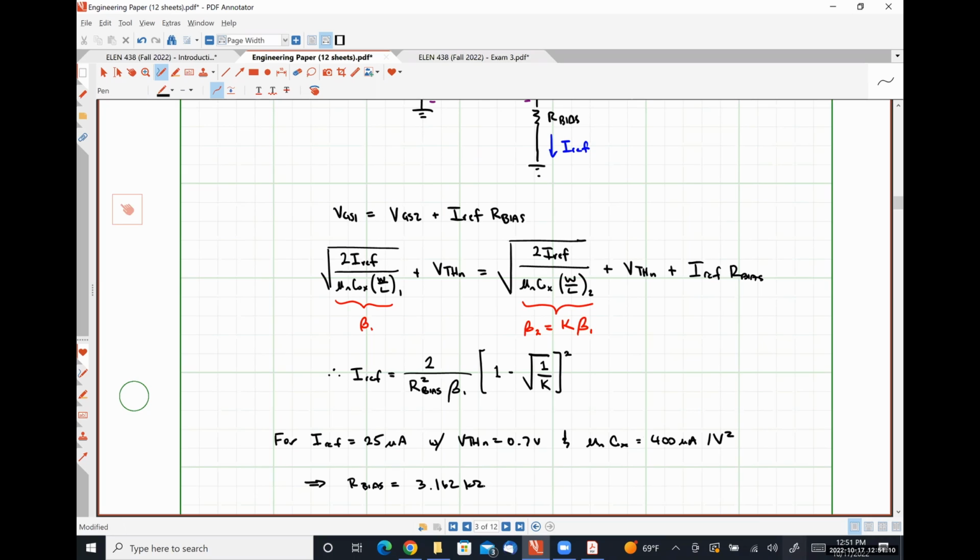Now, what about power supply voltage dependency? Any thoughts?